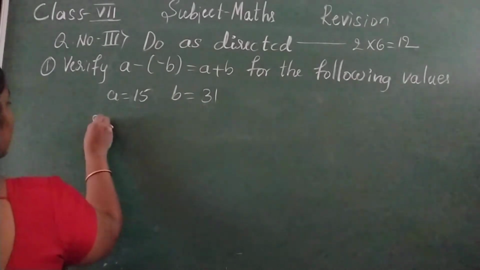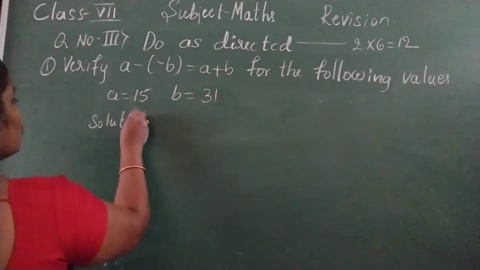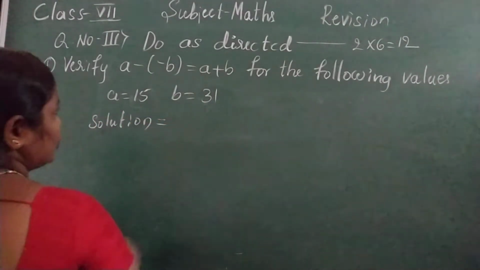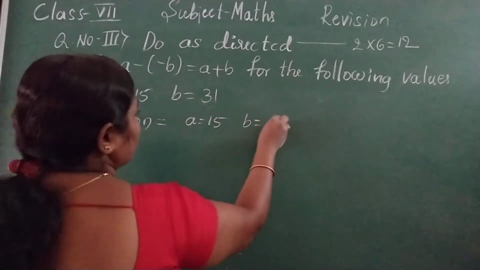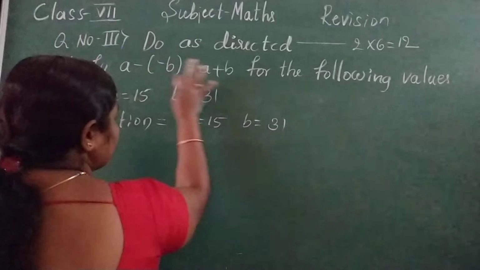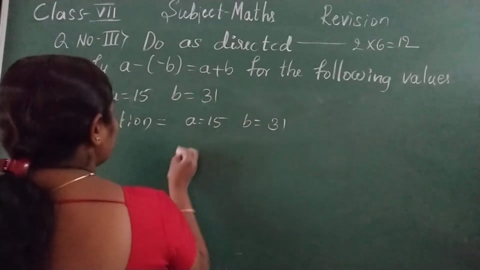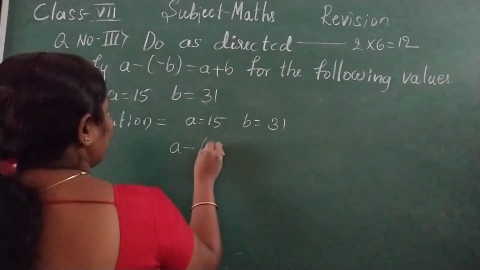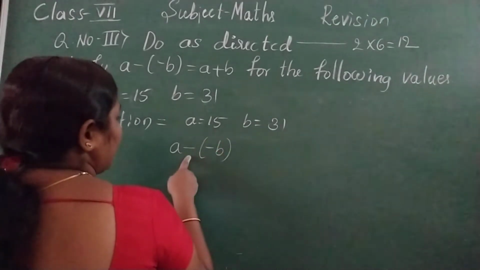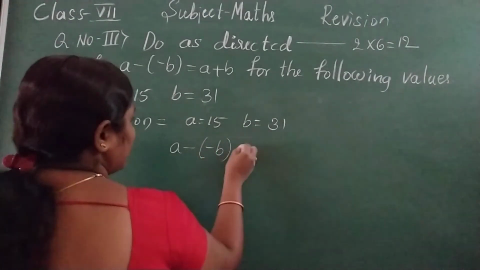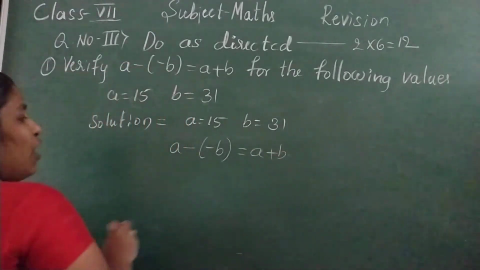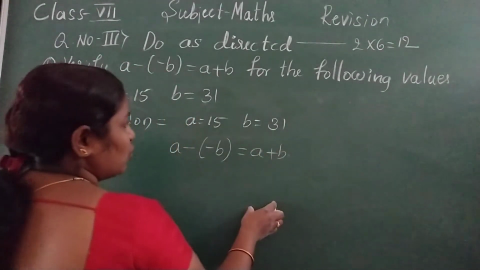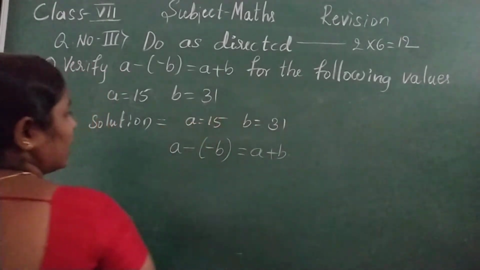Okay, solution. I will tell you how to solve. Solution: A is equal to 15, B is equal to 31. Whatever is given, you should take it. Then take the equation, that is A minus (minus B) is equal to A plus B. You should have LHS is equal to RHS, then it is correct.